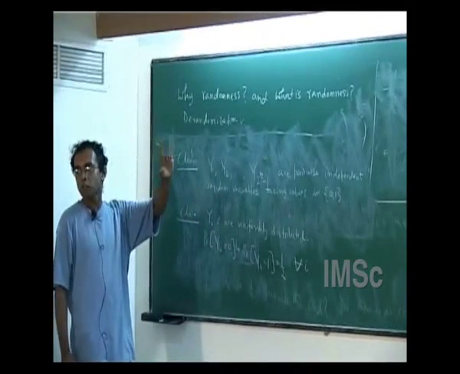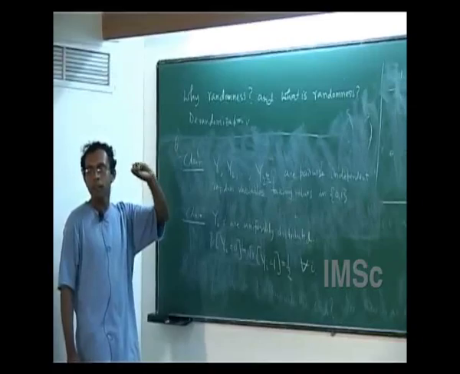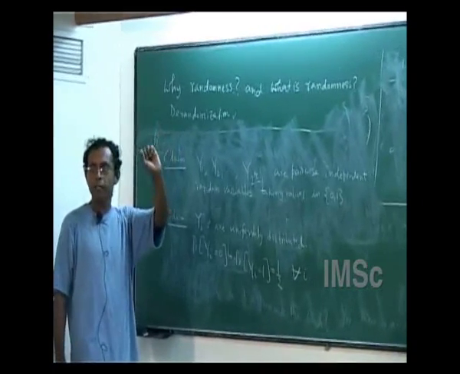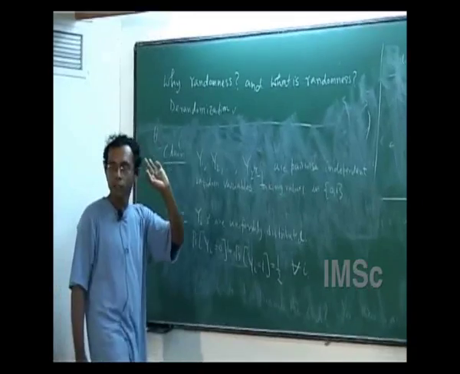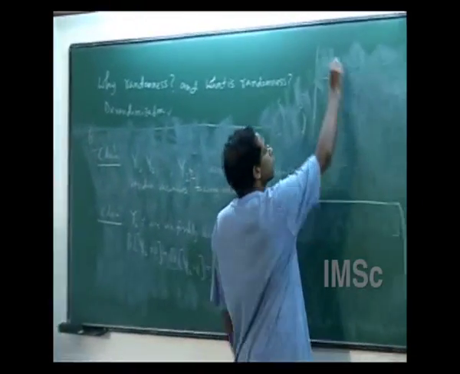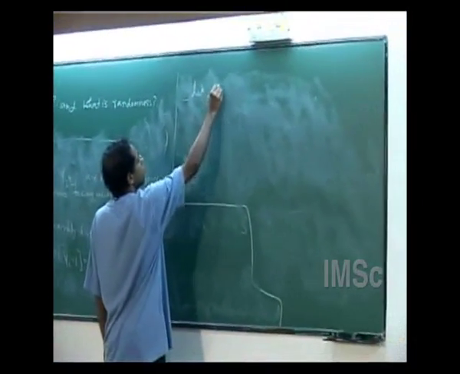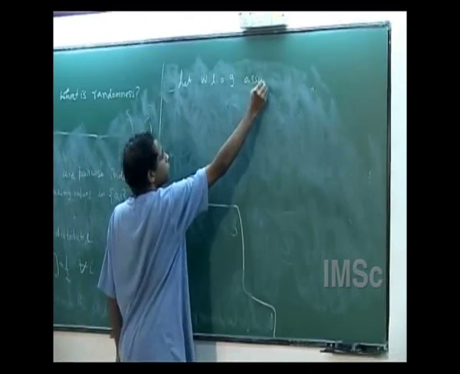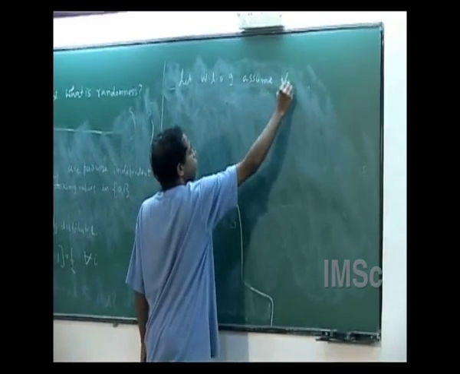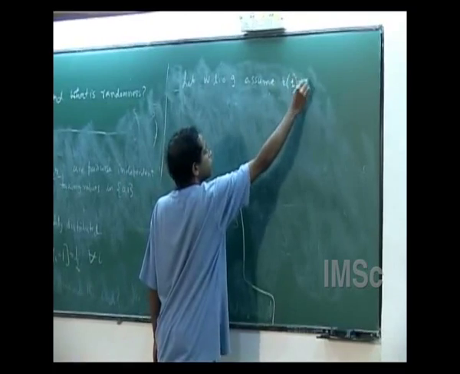It is not all 0, so some bit has to be 1. Without loss of generality, assume I of 1 is non-zero.